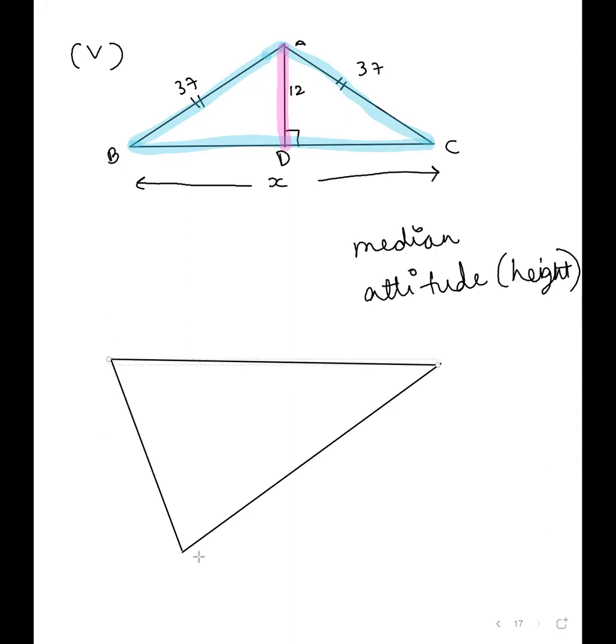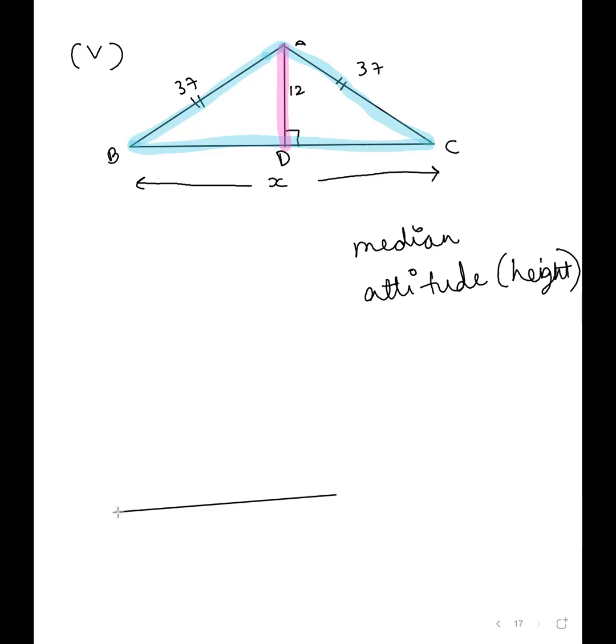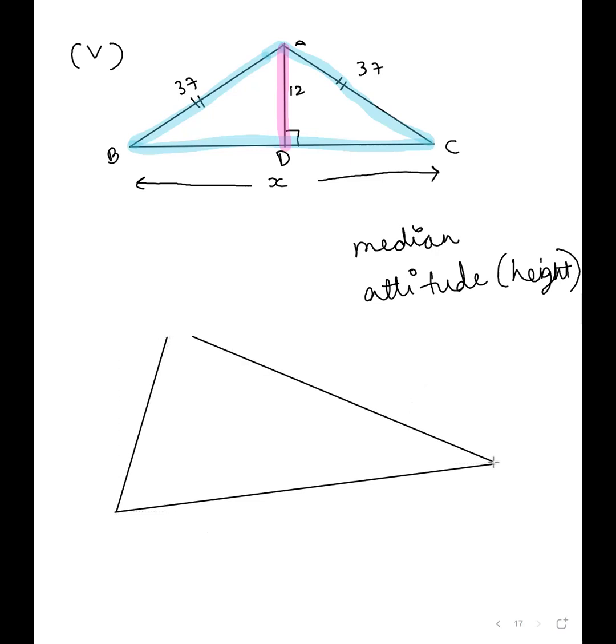Fine. Okay. Actually, I should not be making it like this. Yeah, wait a minute. Is it fine now? ये triangle. अब हमें इसका altitude बनाना है.